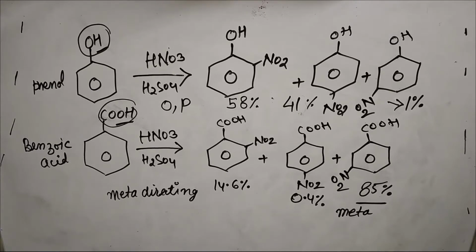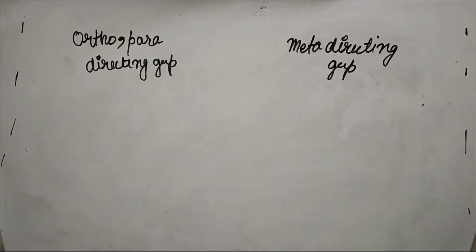Now let's see the examples which are ortho-para-directing groups and which are meta-directing groups. So here I am writing the examples of ortho-para-directing groups and meta-directing groups. Ortho-para-directing groups are the substituents which direct the other substituent at ortho and para position.